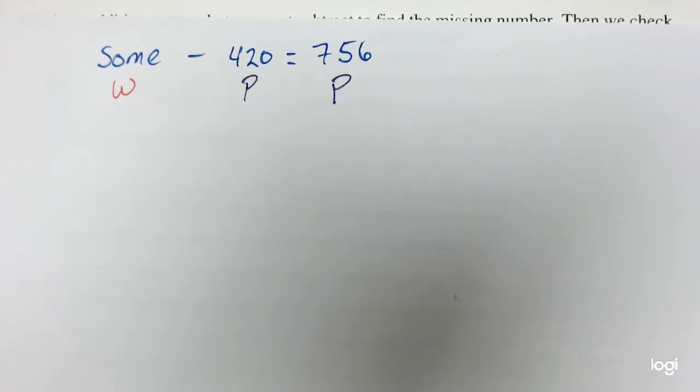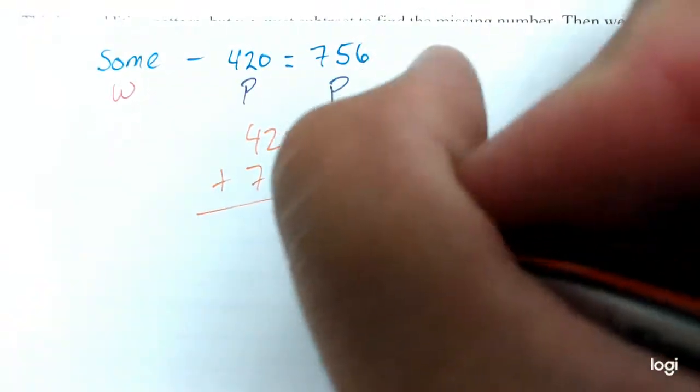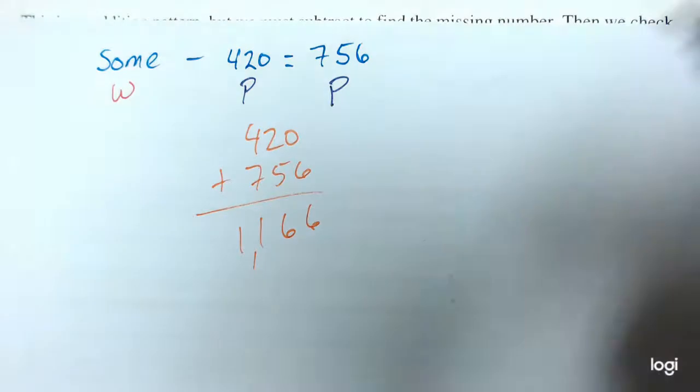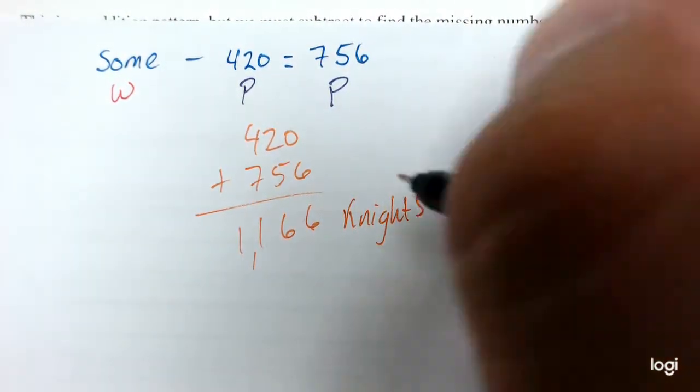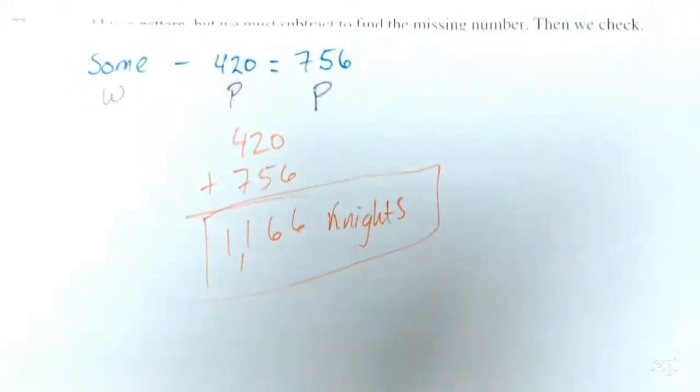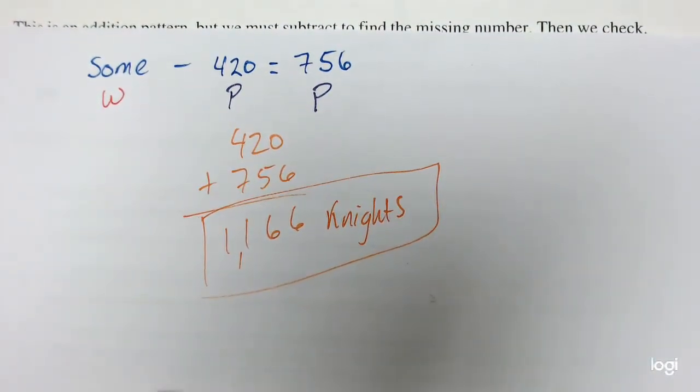All right. So I'm going to take 420, add it to 756. And let's see here. I get 1,166 knights, because I want to make sure I label my answer. And let's see if that is correct.